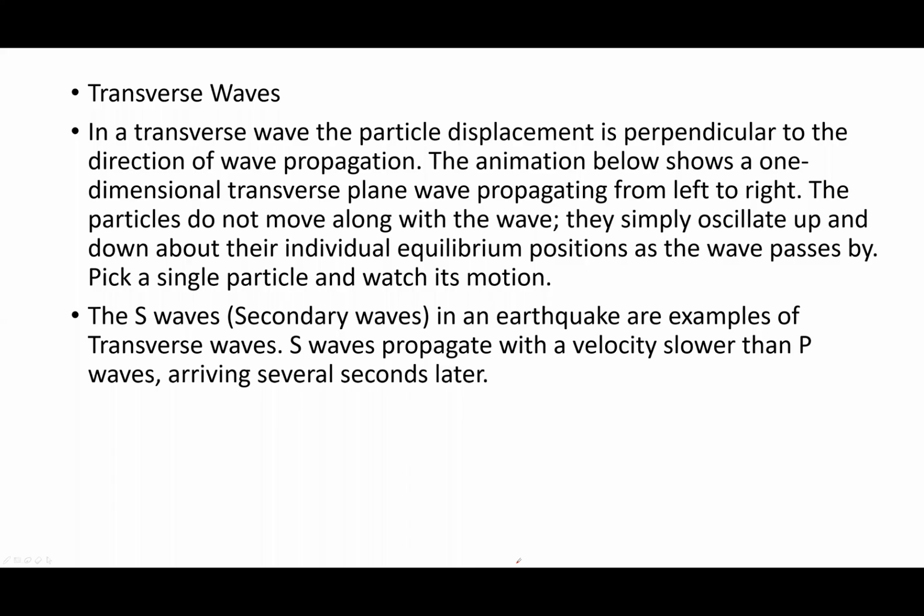Transverse waves. In a transverse wave, the particle motion is perpendicular to the direction of wave propagation. I will show the animation. The S waves, meaning secondary waves, are an example of transverse waves. For example, if this is a string fixed here and you give an up and down jerk, it will start vibrating like this.